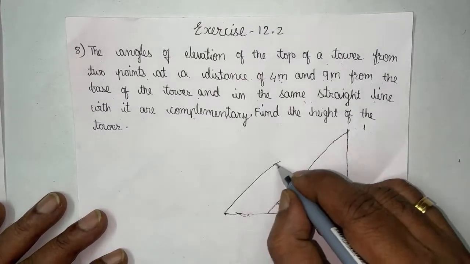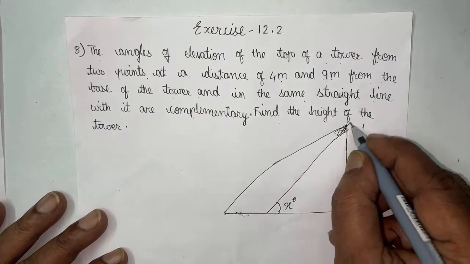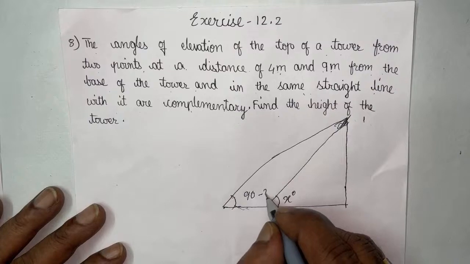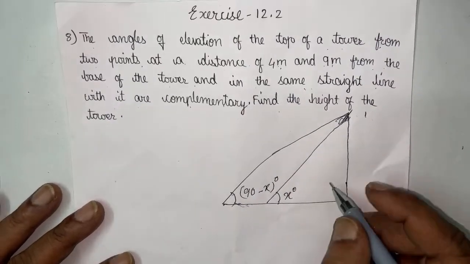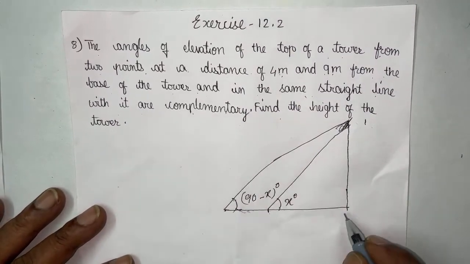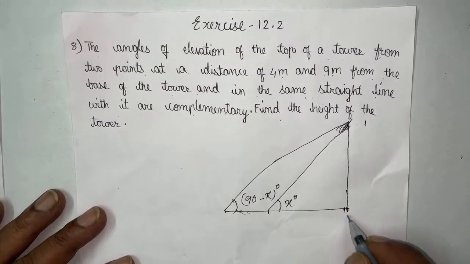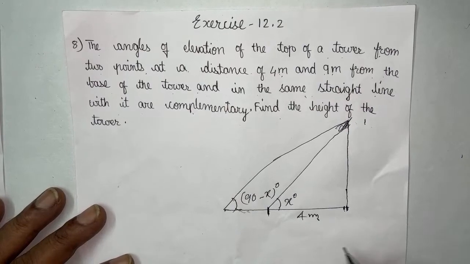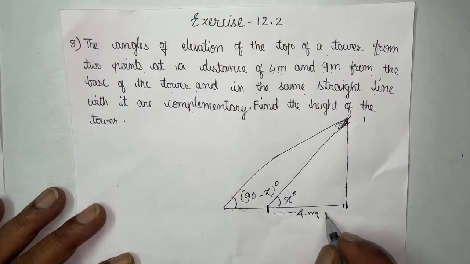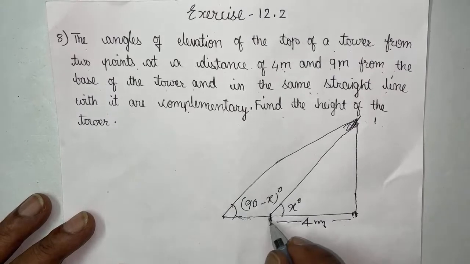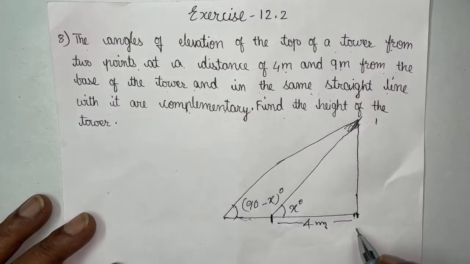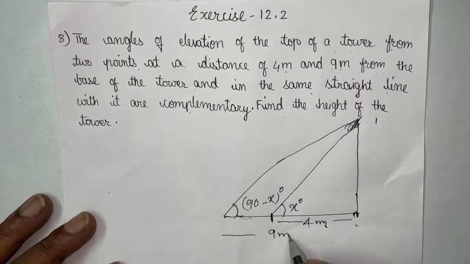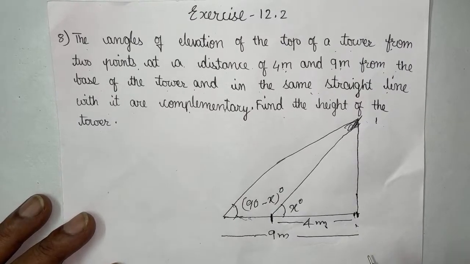At the second observation point, because it is complementary, it will be 90 minus x. The distance from the foot of the tower to the first observation point is 4 meters, and the distance from the foot of the tower to the second observation point is 9 meters.